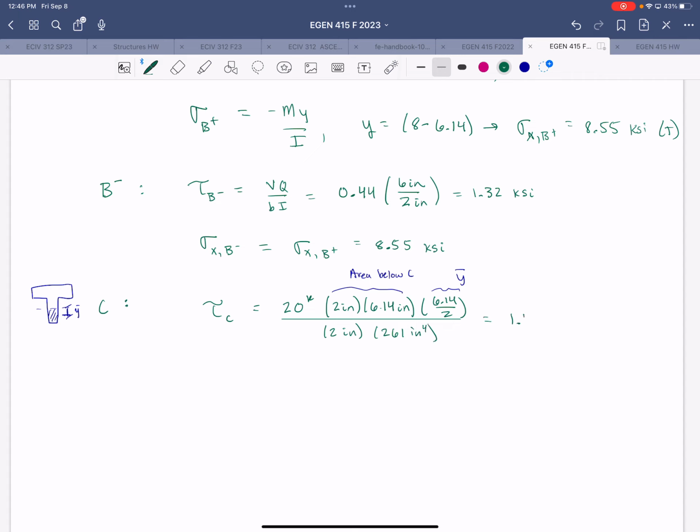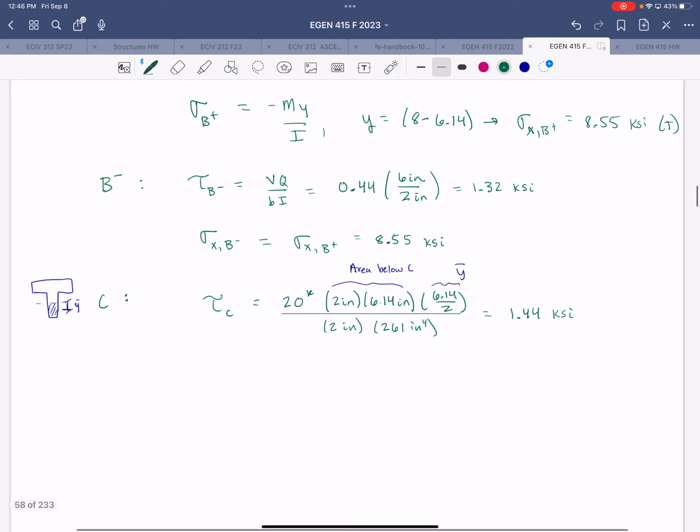So we get 1.44 ksi. And as noted earlier, sigma is equal to 0 since y is equal to 0 in that formula.